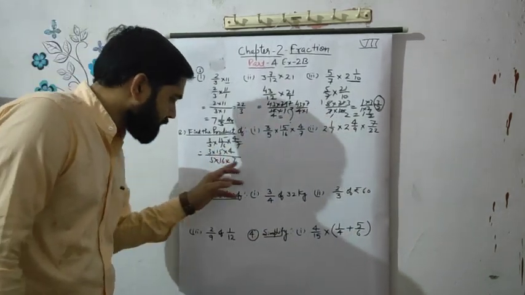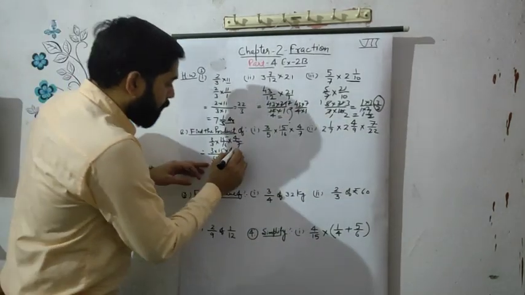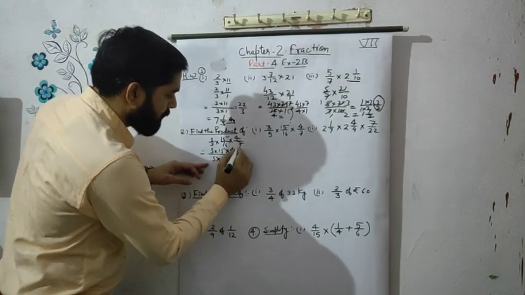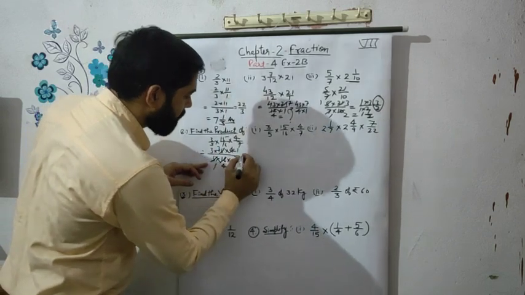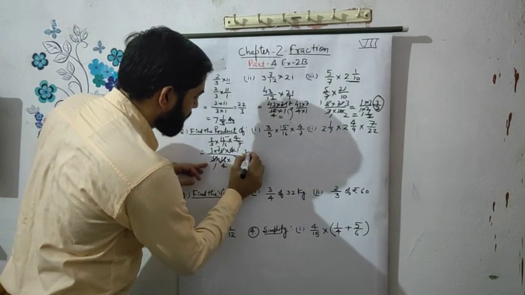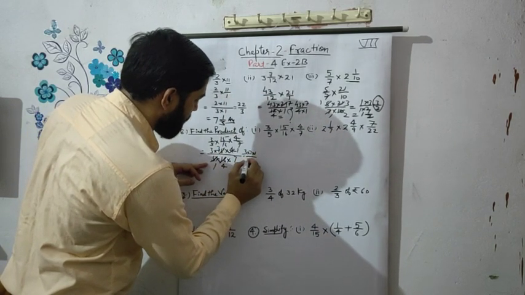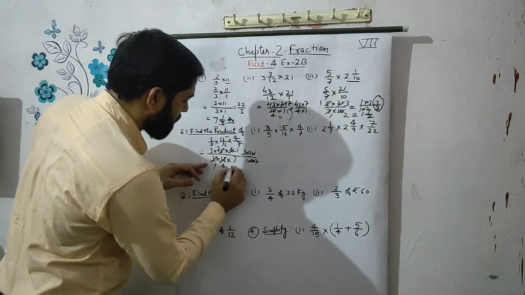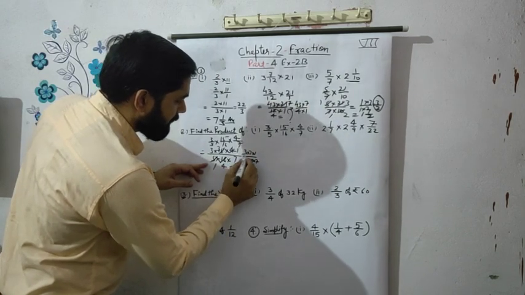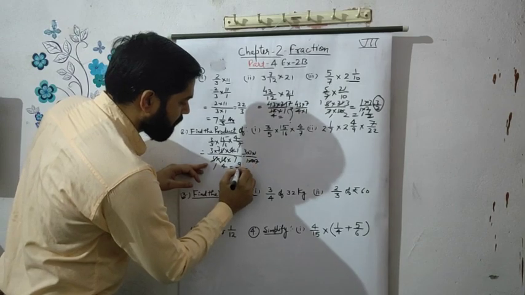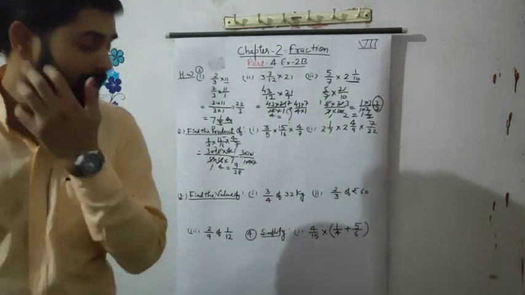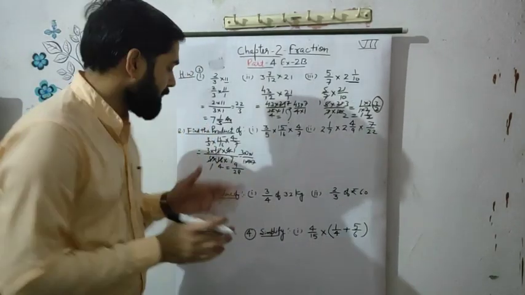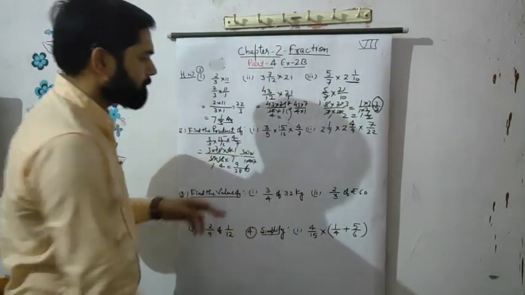Match these numbers with these numbers. 4 and 16 are divisible. 4 1s are 4, 4 4s are 16, 5 and 15, 5 1s are 5, 5 3s are 15. So what is left here? 3 multiplied by 3 multiplied by 1 upon 1 multiplied by 4 multiplied by 7. 3 3s are 9, 9 ones are 9, 4 7s are 28, 28 ones are 28. So 9 upon 28 is not divisible by any same number, so the answer will be 9 upon 28.